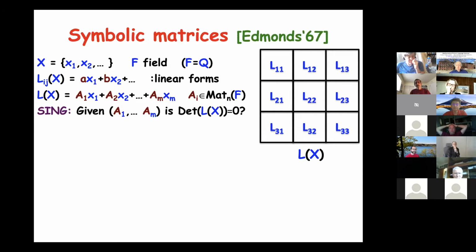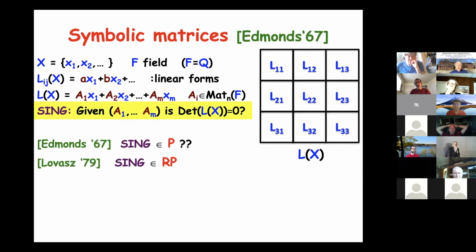Now it gets interesting. What do we know about this problem, and why should we care about it? Edmonds asked a question that we still cannot answer to this date: whether it has a polynomial time algorithm. Lovász observed a decade later that it's very easy to give a probabilistic polynomial time algorithm.